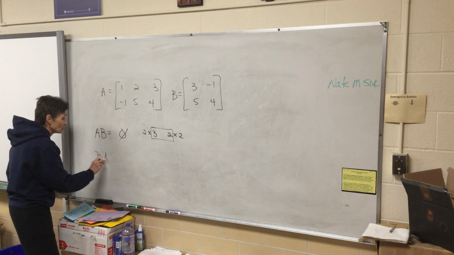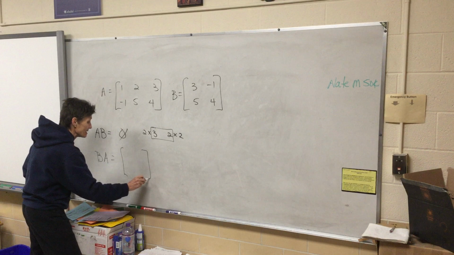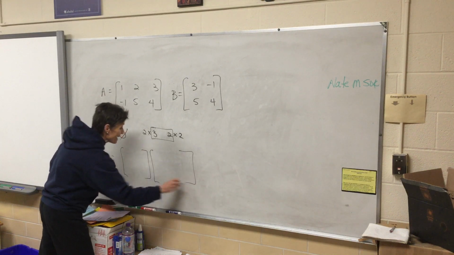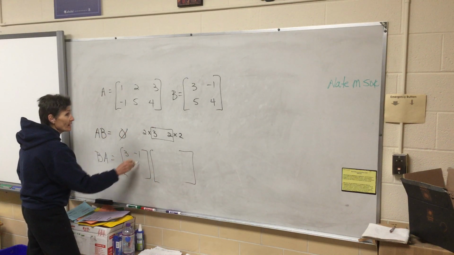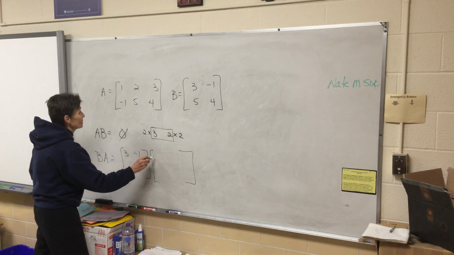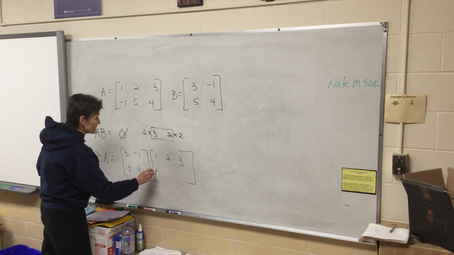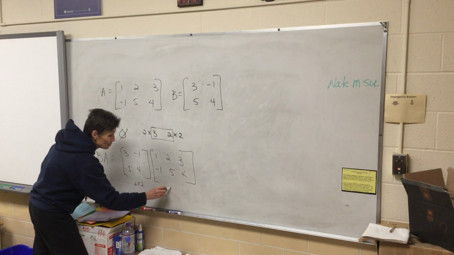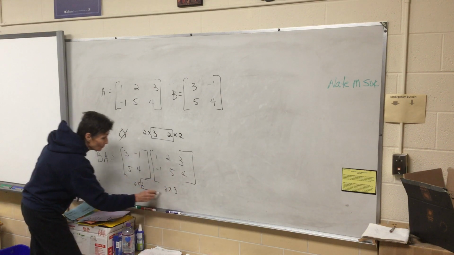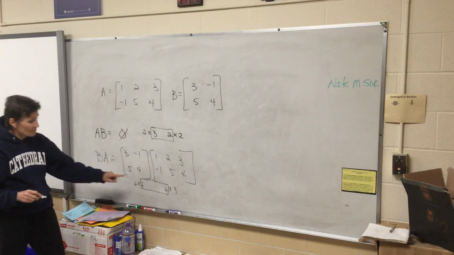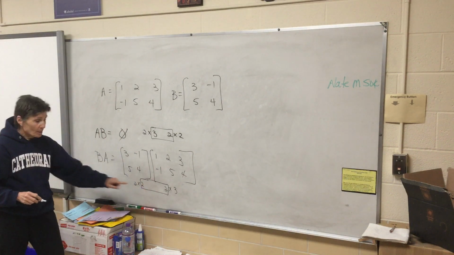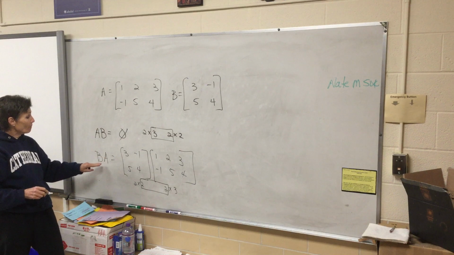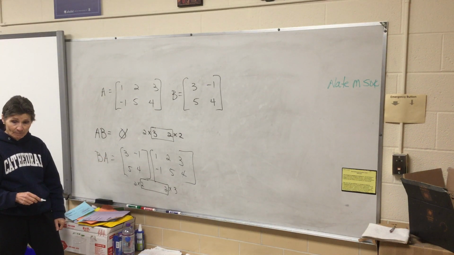However, if the question were B times A, then we can do it, because the dimensions haven't changed. We still have a 2 by 2 and a 2 by 3, but now the way we have them set up, these match. So AB isn't doable, but BA is.